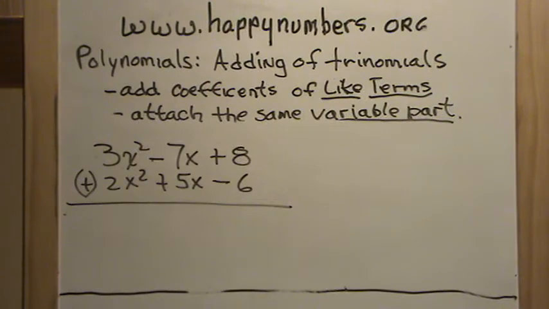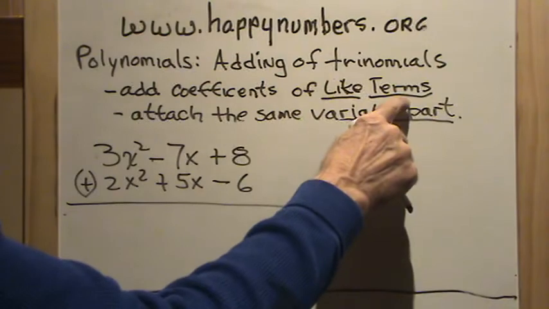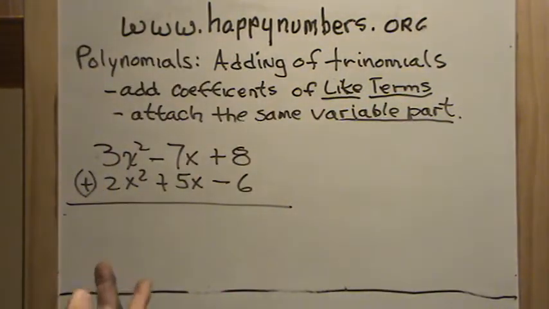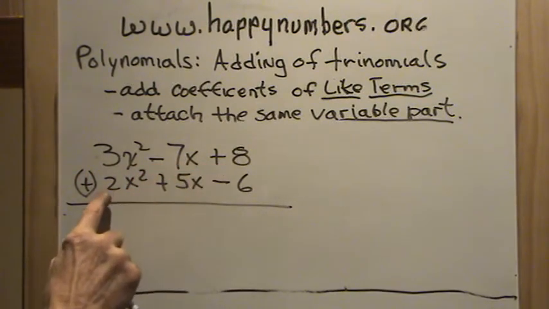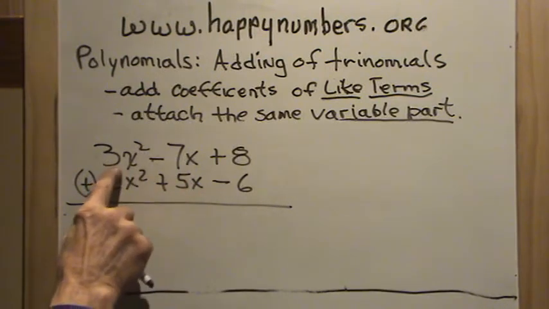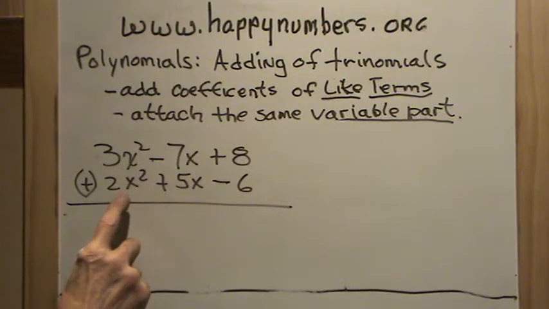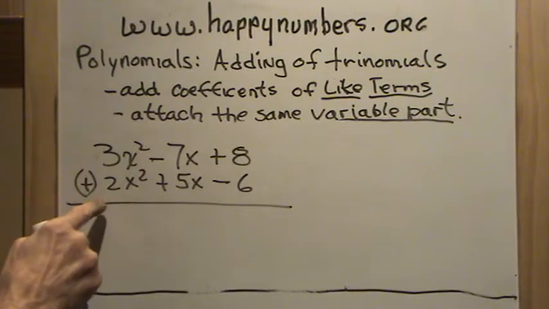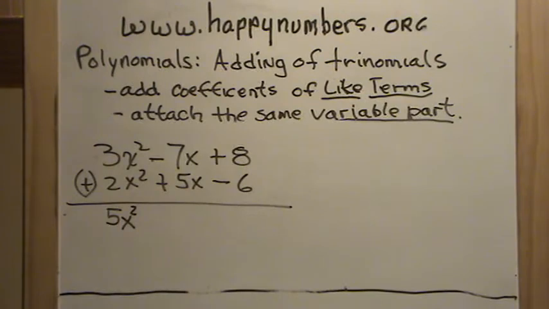The skill set is exactly the same. You add the coefficient of all like terms, and you attach the same variable part. Here is a trinomial. It has three different parts: 1, 2, 3. In the first term of the trinomial, the variable parts are the same, so I can combine the coefficients. 3 plus 2 is 5, and I use the same variable part, the x squared.